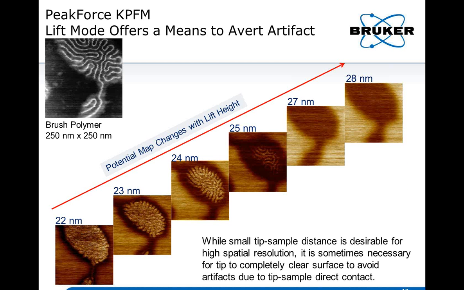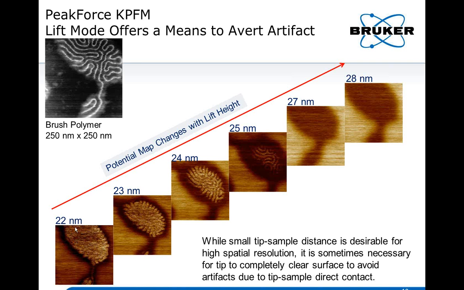So now with PeakForce KPFM, we figured out a way to tell whether it's an artifact. The way is actually fairly straightforward. So here is what we did again on this brush polymer: we lift the tip.